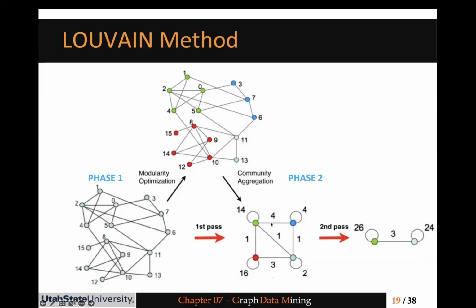You might have seen that the internal edges that link between the green and the dark blue communities are counted twice. So 14 plus 4, which is the self loop of the dark community, plus 8, which is the number of edges that connects the green and the dark blue community. The same thing here, the self loop of the light blue community in this case is equal to 24, which is nothing but 16 plus 2 plus 3 times 2 in this case.